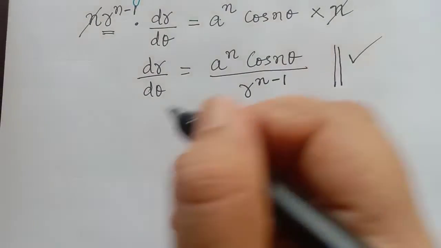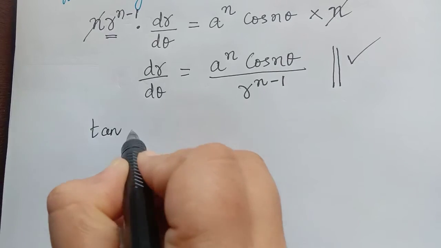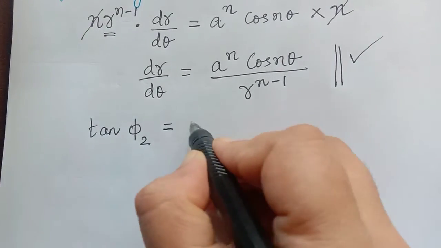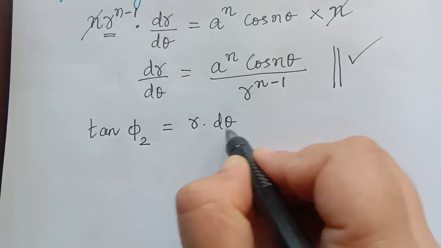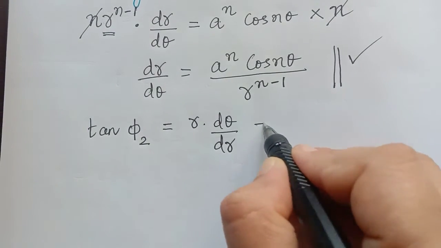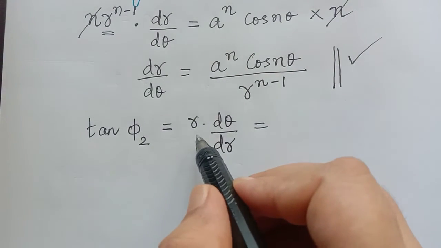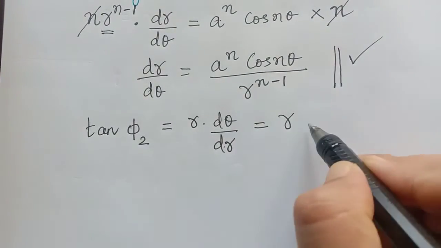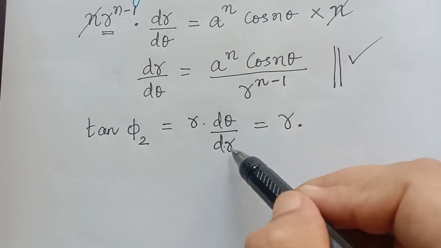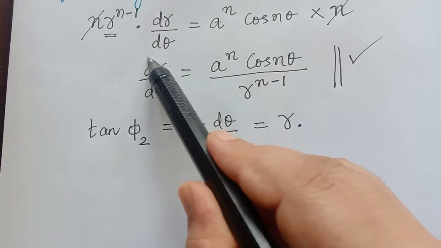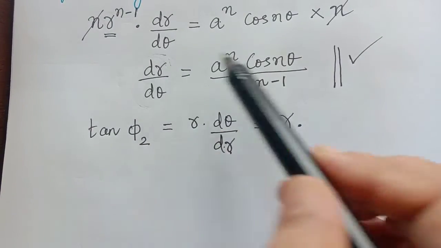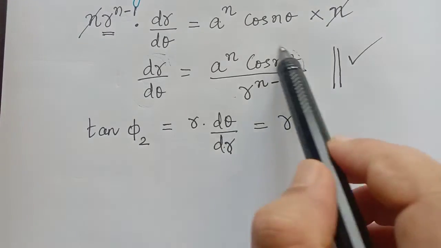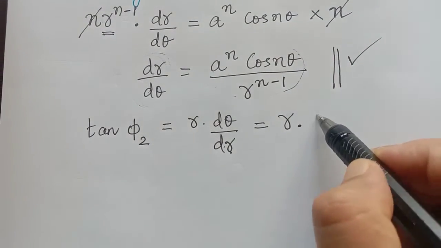Next we have to find tan phi 2. So tan phi 2 will be equal to r multiplied with d theta by dr. First we shall substitute this, then we will make a change. So r multiplied with, what is d theta by dr? It is the reciprocal of dr by d theta. So we have to take the reciprocal of this. So the denominator will be written in the numerator.